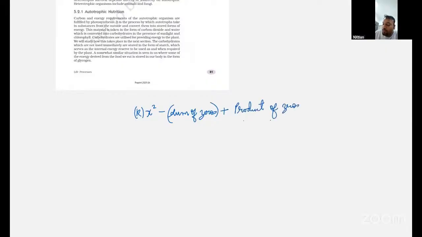And they ask you to form the equation. Proper equation is there.